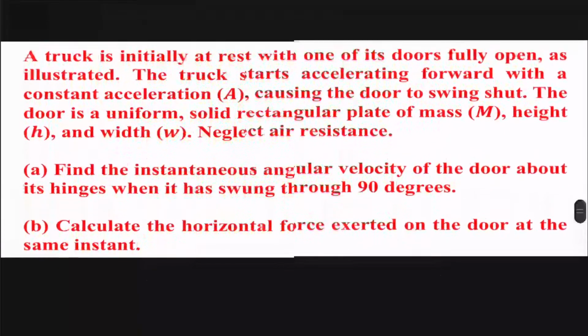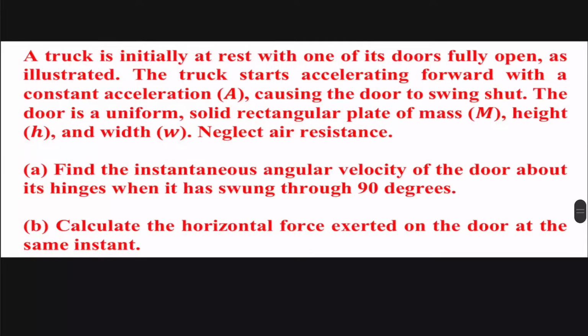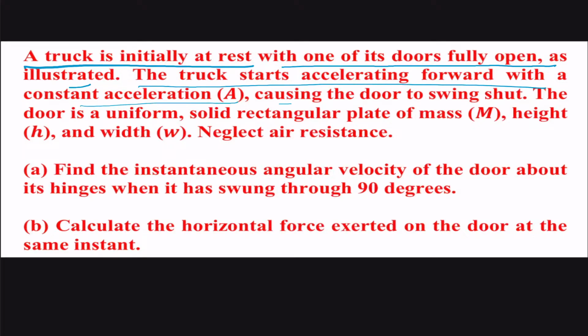Next question. It states that a truck is initially at rest with one of its door fully open as illustrated. The truck starts accelerating forward with a constant acceleration A, causing the door to swing shut.